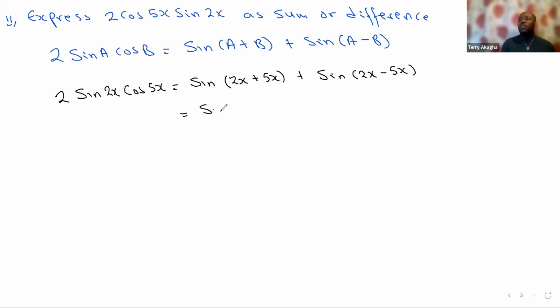So this is going to give you sine 7x, since 5x plus 2x gives 7x, then plus sine of 2x minus 5x, which gives minus 3x. And that's the answer for that.